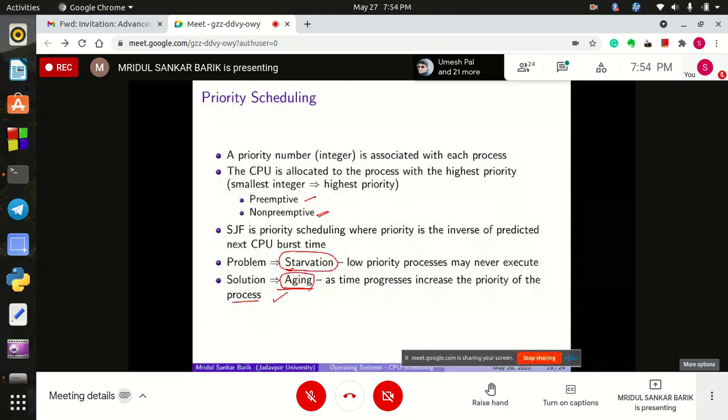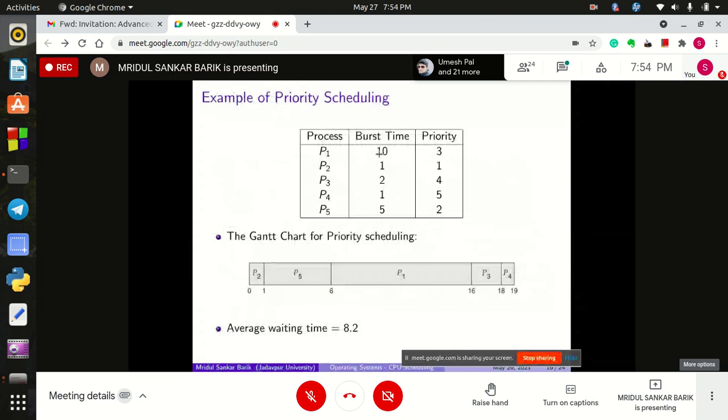So let's take one example. We have processes P1, P2, P3, P4, P5, and these are the CPU burst times corresponding to these processes, and these are the priorities of those processes. Lower the priority value, higher the priority.